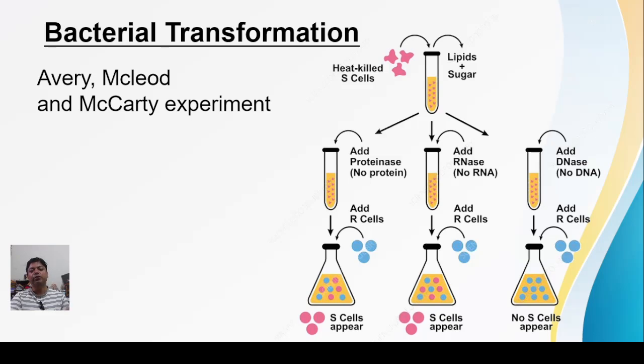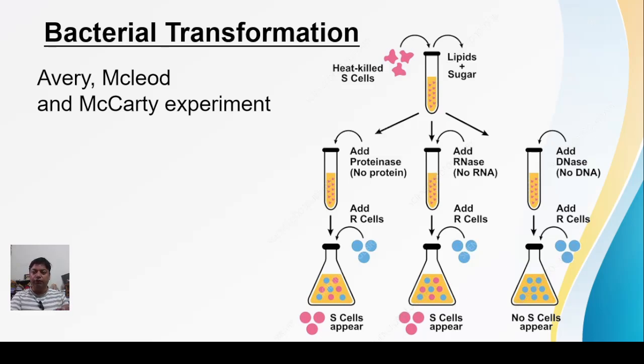Still, transformation was happening. In the second sample, RNA was digested. Now the tube was left with protein and DNA. When it was given to the R cells, the S cells still appear. It shows that RNA also has no role in transformation.